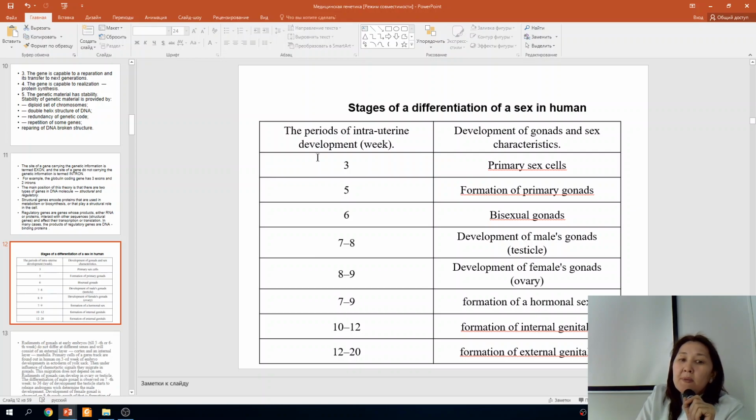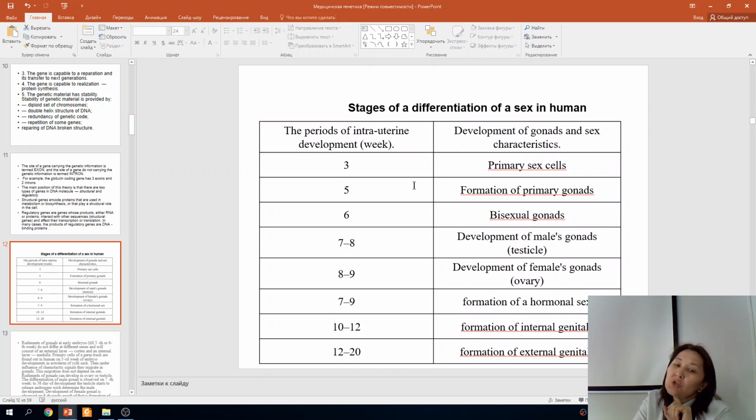For example, the periods of intrauterine development, weeks, and development of gonads and sex characteristics. 3rd week, primary sex cells; 5th week, formation of primary gonads; 6th week, bisexual gonads; 7th to 8th week, development of male gonads, testicle; 8th to 9th week, development of female gonads, ovary; 7th to 9th week, formation of hormonal sex; 10th to 12th week, formation of internal genitals; 12th to 20th week, formation of external genitals.